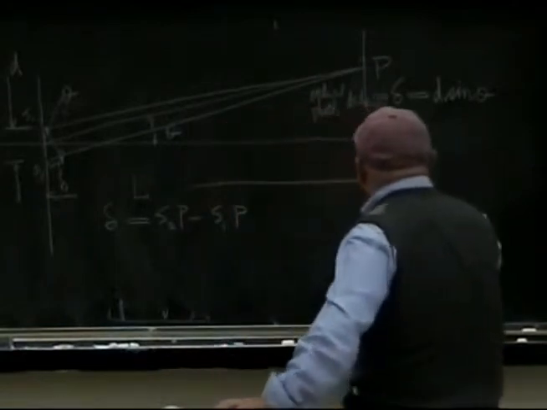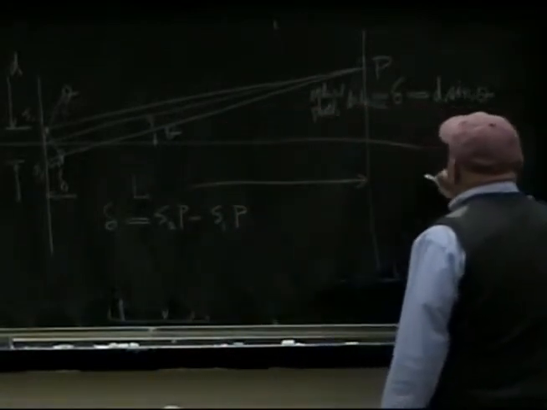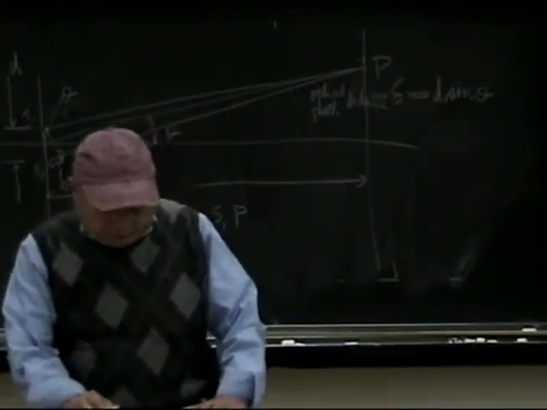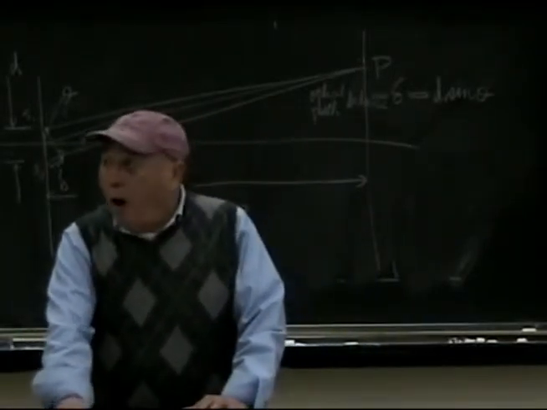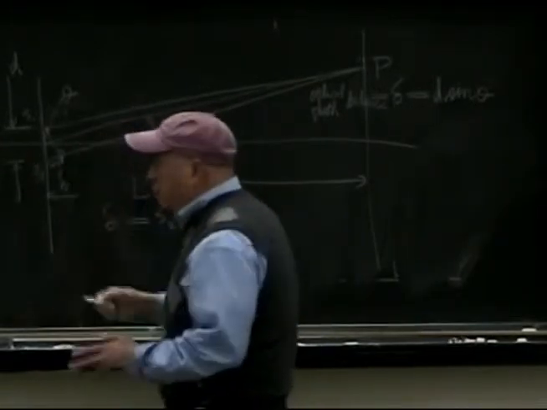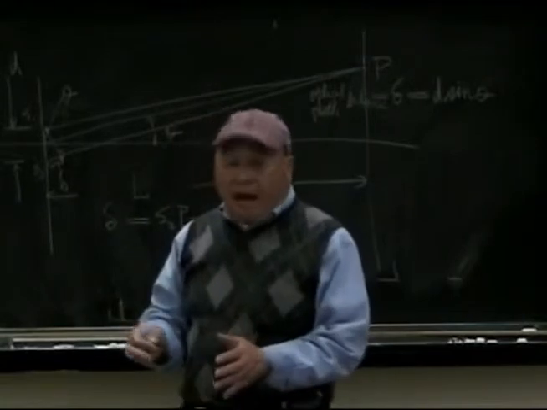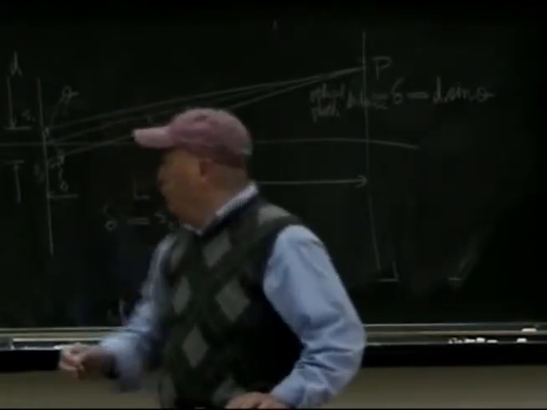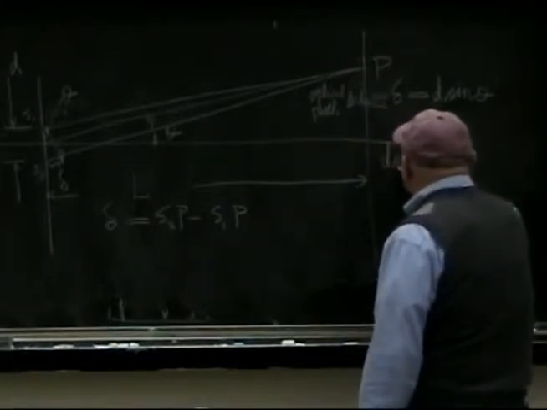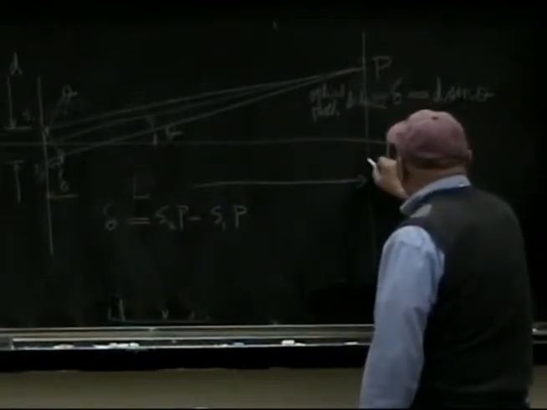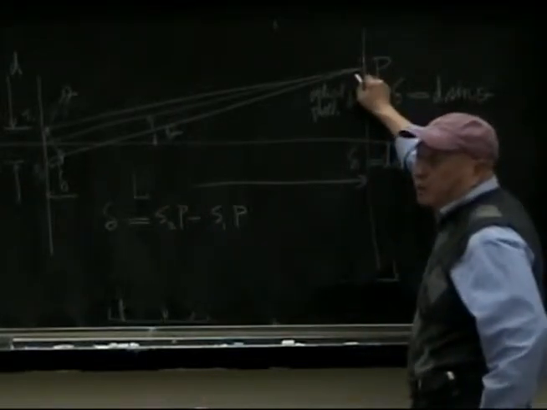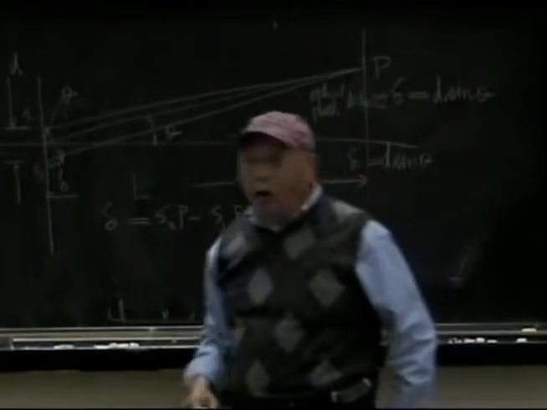So when this delta equals d times sine theta, that is a very important factor. Why? Because if you separate by a multiple of the wavelength, that means they are in phase when they reach this point. So d times sine theta is a determining factor for whether this point is in constructive or destructive interference.